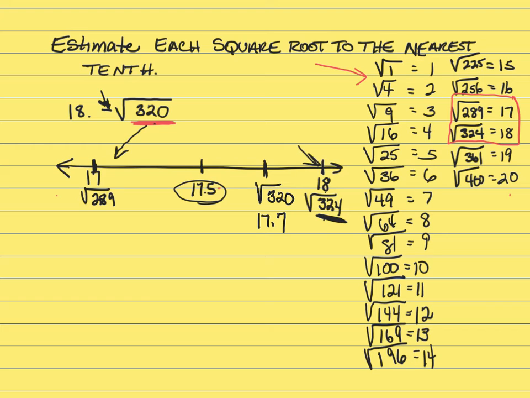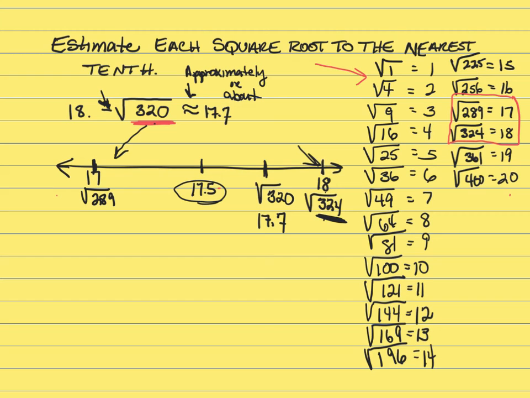So what I'm going to then do is put up here, this sign means that it's approximately, or it means it's about 17.7. Now, I'm hoping Miss G has gone over this part with you just so I can solidify what she said, and I hope I said the same thing she said.